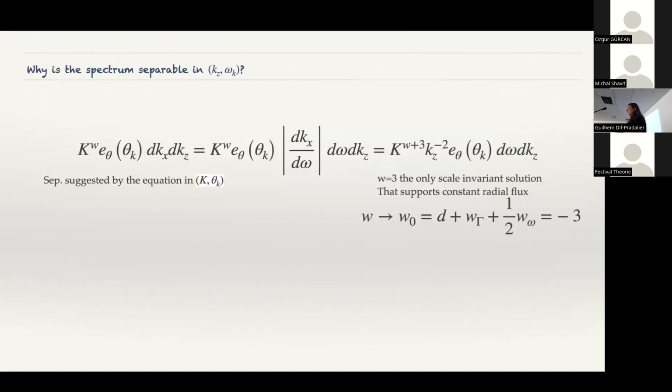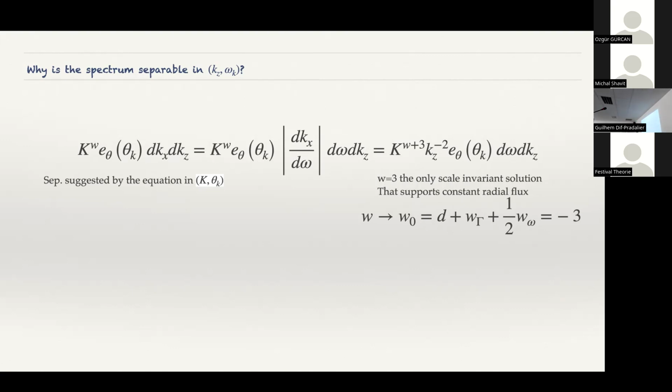Another nice small thing that you can learn from this analytical solution is, for example, if I remind you of one small thing about data of internal gravity waves, I told you that the data is always separable in kz and omega in the measurements.